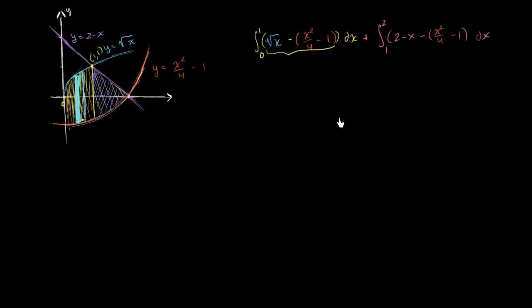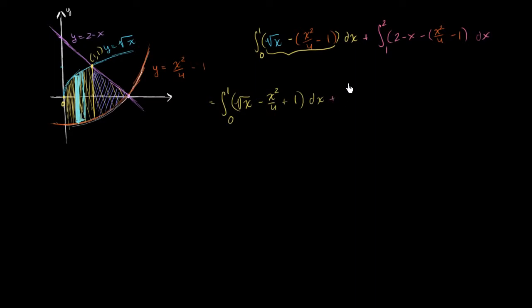And now we just have to evaluate. Let's first simplify this. This is equal to the definite integral from 0 to 1 of square root of x minus x squared over 4 plus 1 dx. I'm going to write it all in one color now.